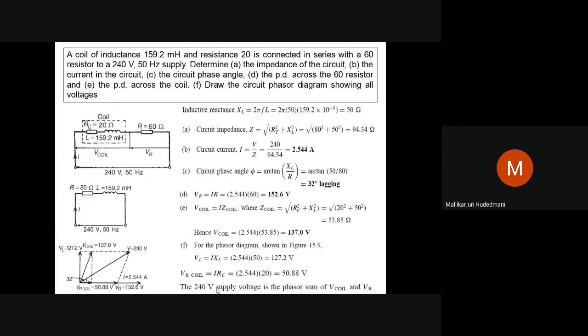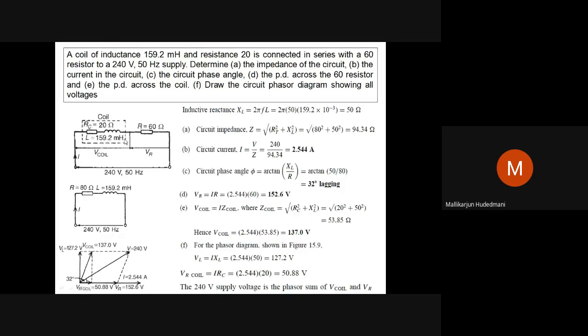This is an R-R-L kind of problem. You can see here a coil of inductance 159.2 millihenry and resistance of 20. It means a coil. You can just see a drawing here, RL.